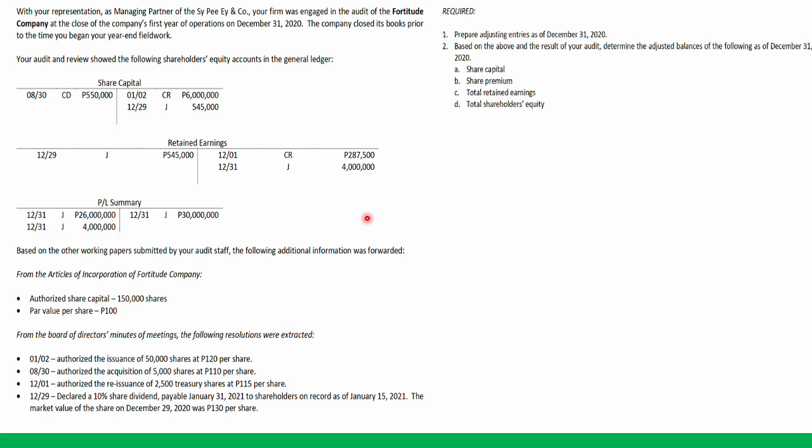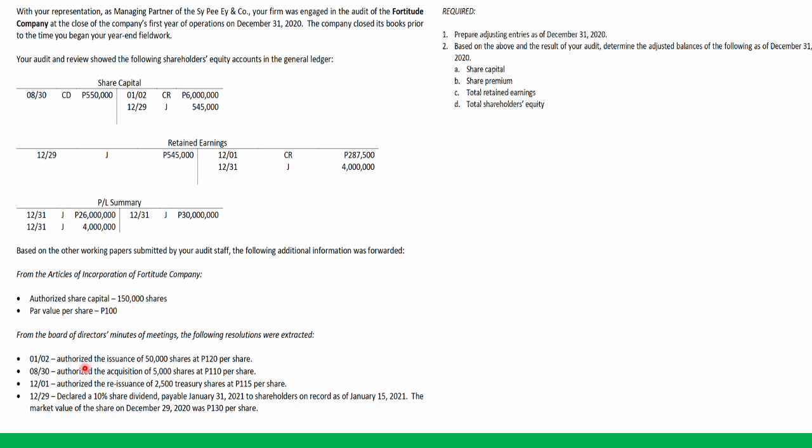Okay? Now, notice this additional information first before we look at the individual transactions. Take note that the authorized share capital of our client was 150,000 shares and the par value per share is 100 pesos per share.